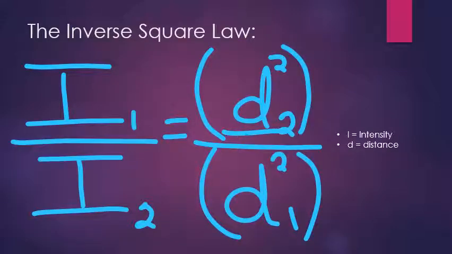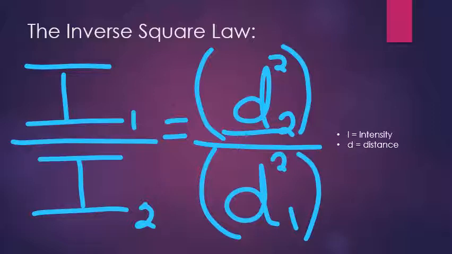Let's take a look at our inverse square law formula. I want you to keep in mind that I is intensity and D is distance. So on the left, we're going to start out with intensity 1 over intensity 2 is equal to the square of distance 2 over the square of distance 1.